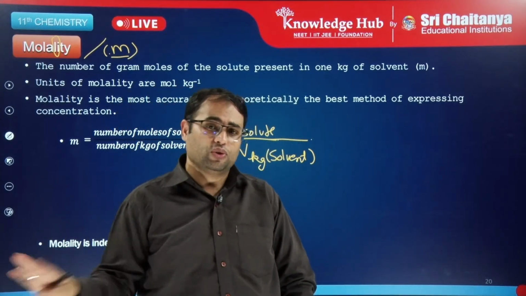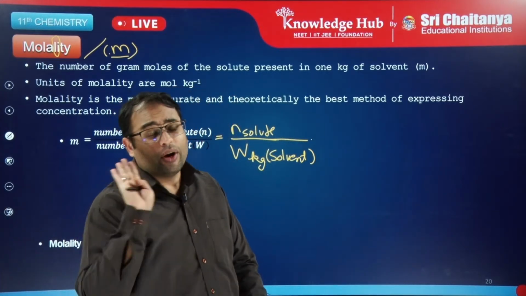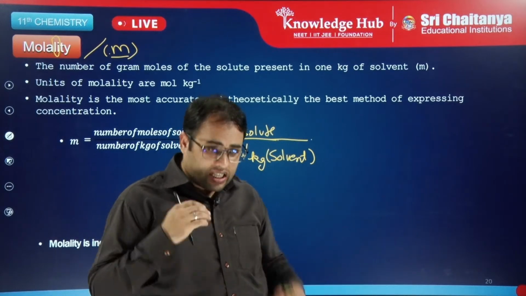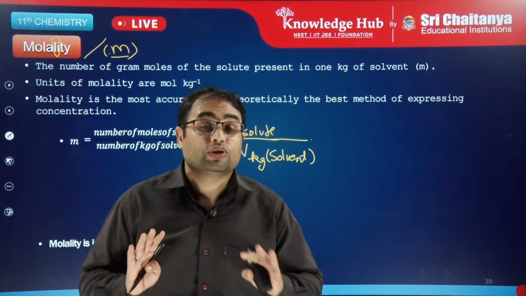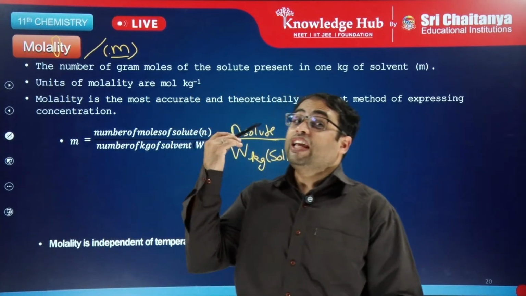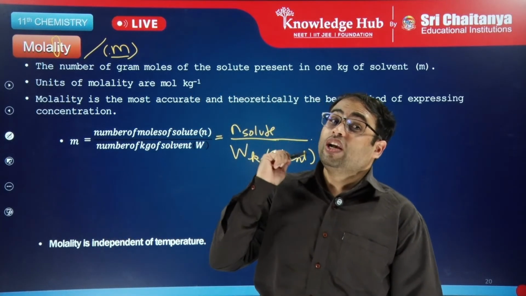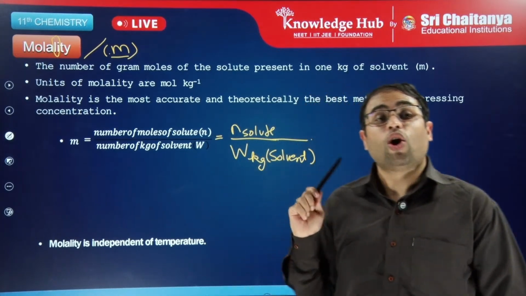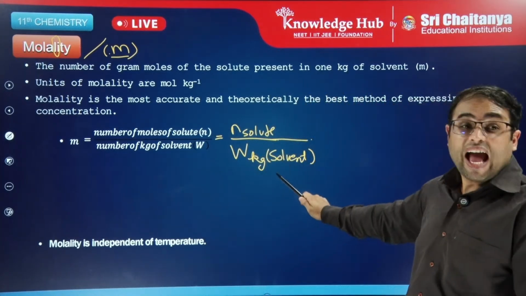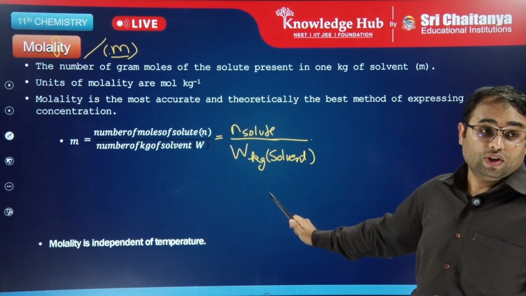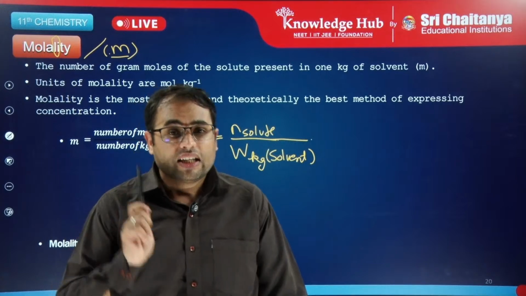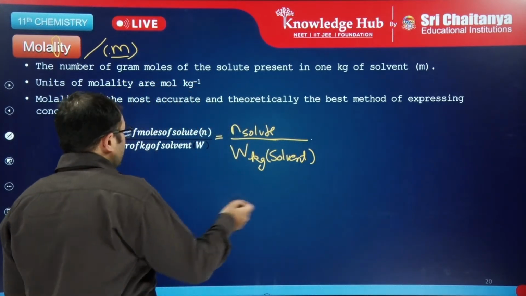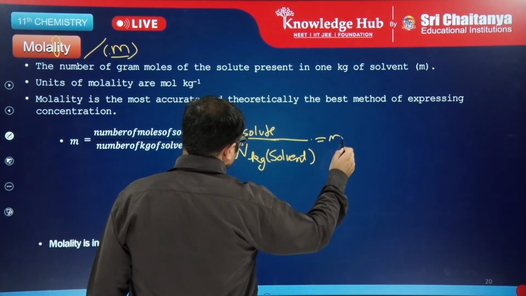Till now, in whatever concentration terms we have studied, in the denominator you always get something of the solution. This is the only concentration term where you will not have solution, you will have a solvent term in the denominator. And that too, the weight of solvent in kilograms. So this is your molality.